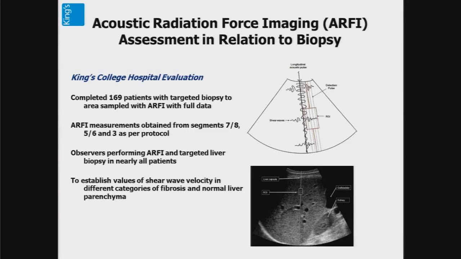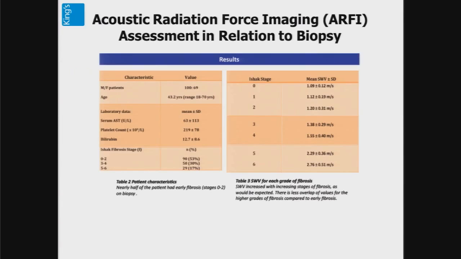So we looked at 169 patients looking at segments 7 and 8, and what we did, because we don't run a day case liver biopsy service, we immediately after the examination biopsied the patient. So you took it from the same sort of area as much as you could. So you've got a very robust method here for looking at what your measurements are.